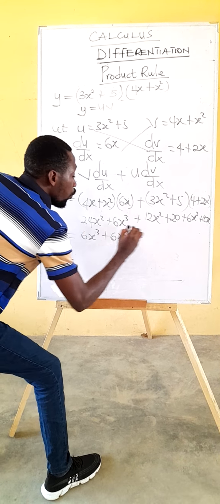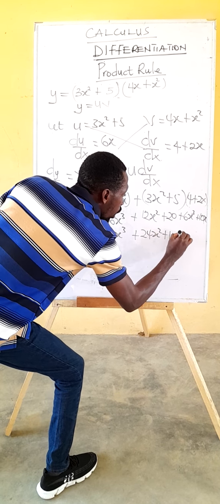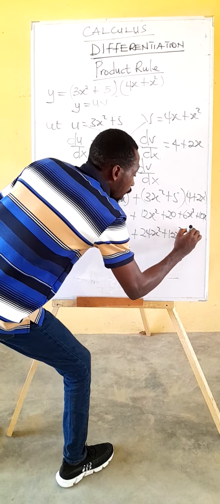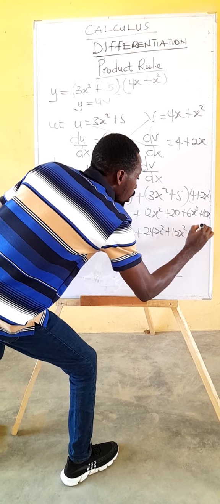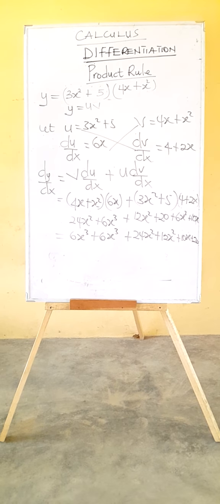Then we have 24x squared plus 12x squared. Then we have 10x plus our 20. So what do we do?